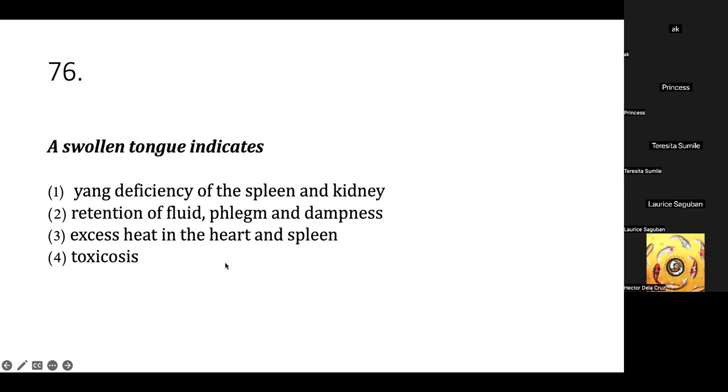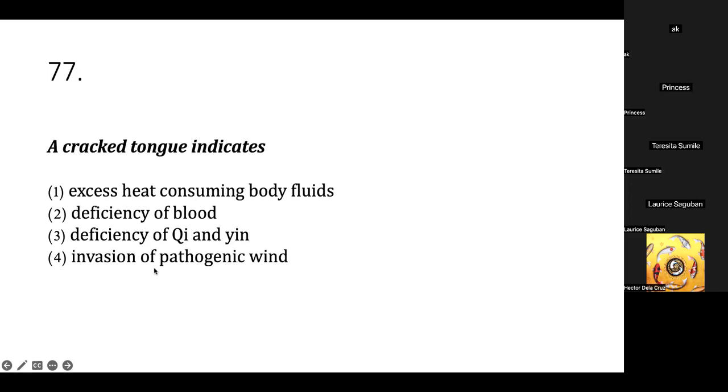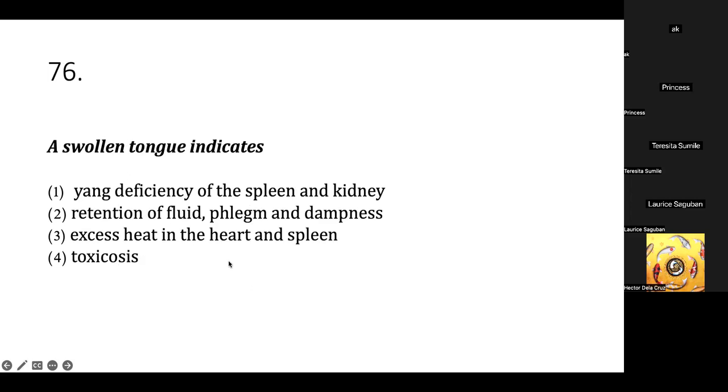Yeah. Infection. The blood heat, yes. Swollen talaga yung tongue because of the too much heat. Very good. Okay, trauma ba kasama po dyan? Yes. This is toxic. Yung trauma naman is traumatic. Pathologic, infectious toxic.